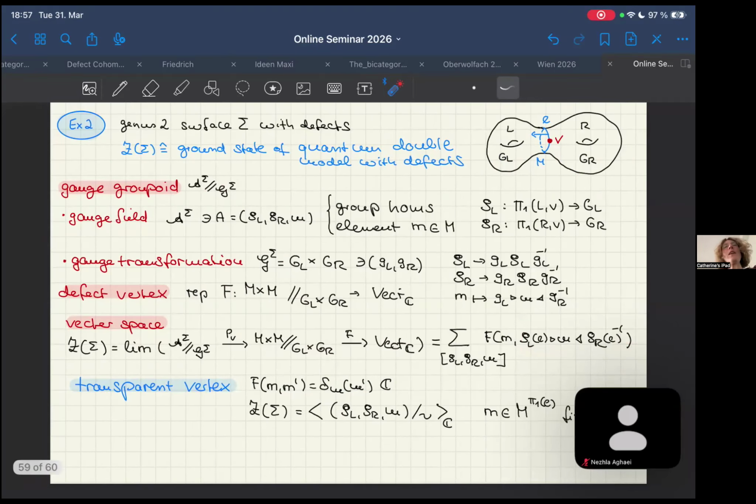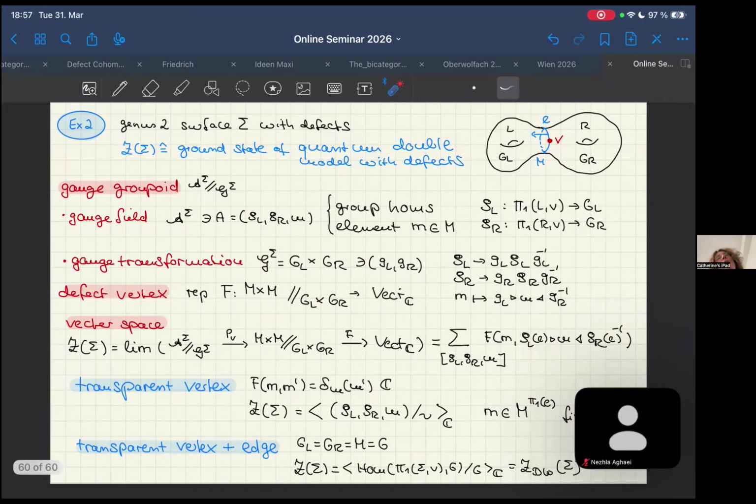And one can now look at special cases for consistency check. For example, if I make the vertex transparent, well, in this case, the M and this element must agree. So that means that M cannot be an arbitrary element of the set, but it must be a fixed point under this action. And then I get just the free vector space spanned by such equivalence classes of triples, where M is now restricted to a fixed point.